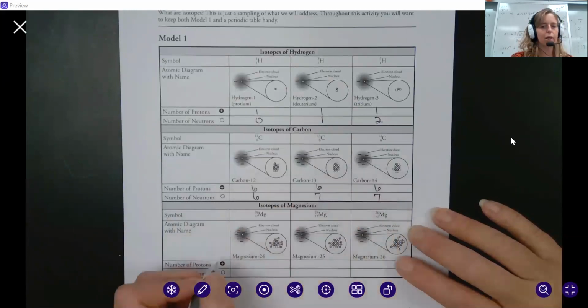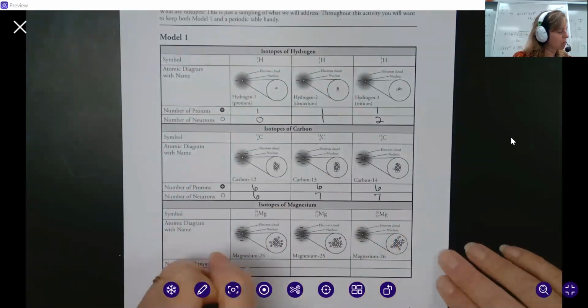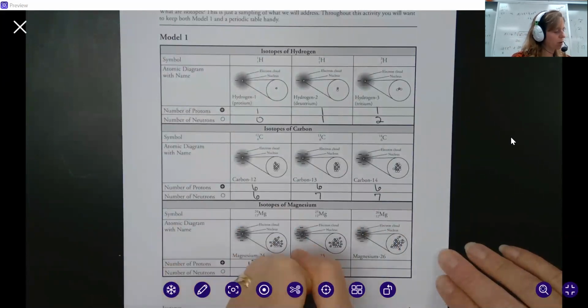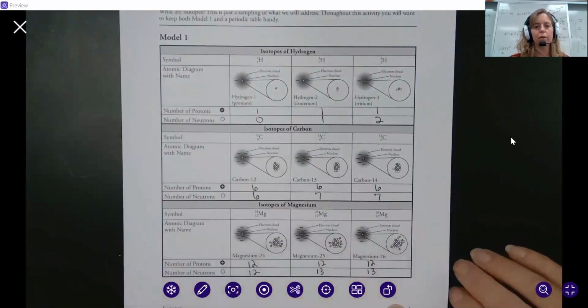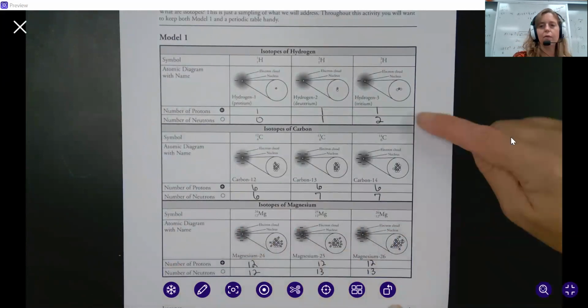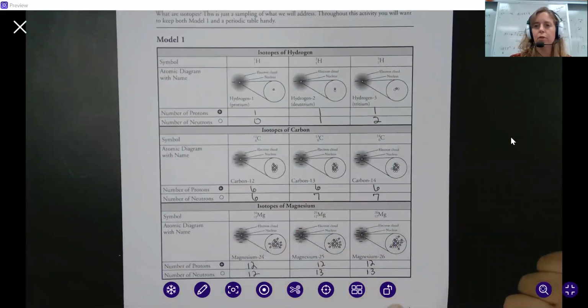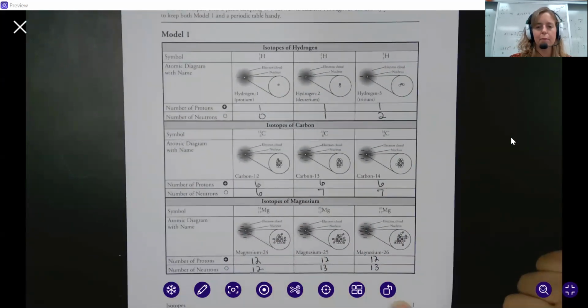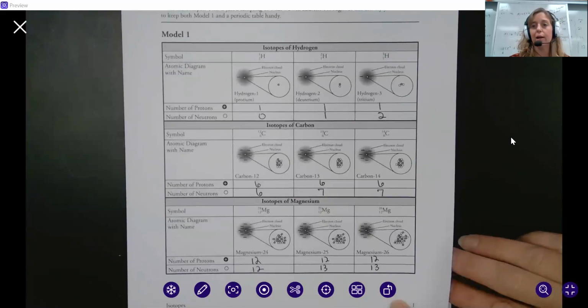And you go to the bottom one, magnesium: you have 12 here, 12 here, 12 here, 13 here, 12 here, and 13 here. You notice on all of these that the protons are never changing. The neutrons are the only ones changing in these samples. We're going to get into more of that in a minute.